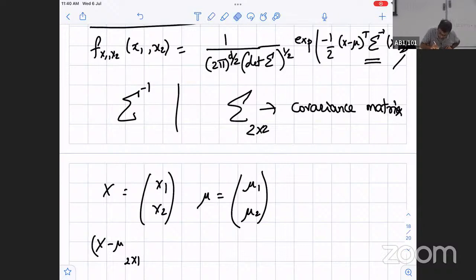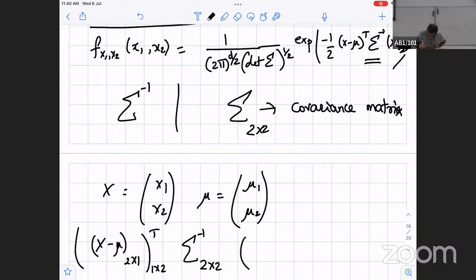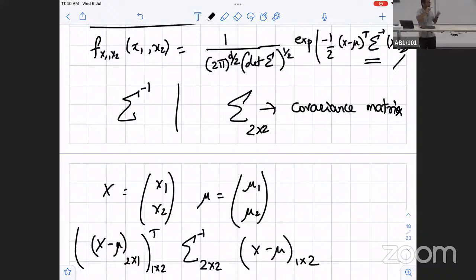If I take the transpose of a 2 cross 1, what will I get? I'll get 1 cross 2, right? So this is 1 cross 2. Sigma inverse is 2 cross 2. Then I'm multiplying with x minus mu, which is 2 cross 1. When I multiply this, what is the final value?